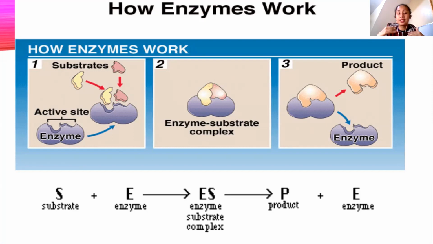It speeds it up by lowering the activation energy. For a chemical reaction to start, you need a high kinetic energy. If there is high kinetic energy, your chemical reaction tends to start. Some chemical reactions spontaneously start in the body if there is high kinetic energy.